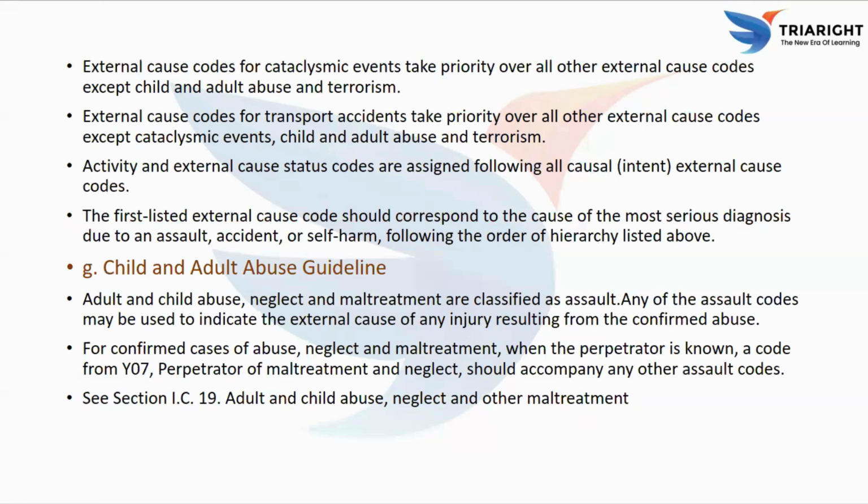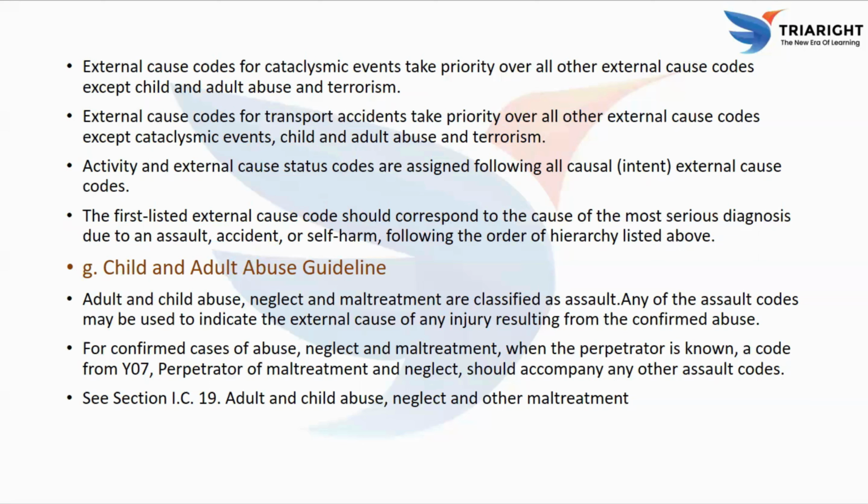The cataclysmic events have a priority rule. What are cataclysmic events? These are large-scale natural or environmental disorders such as earthquakes, floods, tsunamis, volcanic eruptions and hurricanes. What is the coding rule for cataclysmic events?